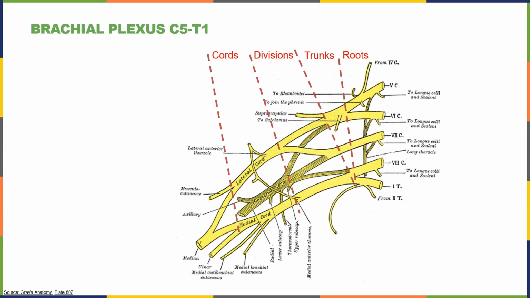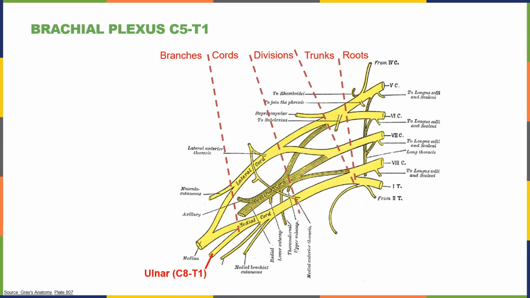The anterior divisions of the superior and middle trunks form the lateral cord, and the anterior division of the inferior trunk forms the medial cord. And then branches come off of the cords of the brachial plexus, and these include the major nerves that travel through the brachial and antebrachial regions.